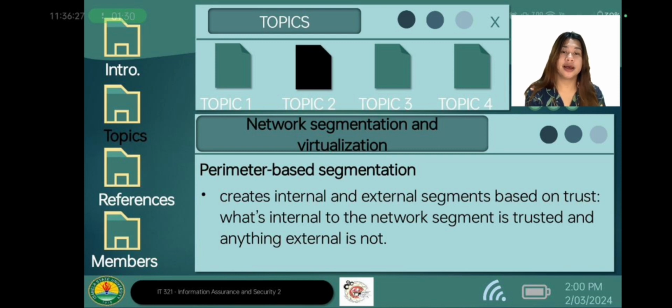This approach helps organizations manage and protect their network resources by limiting access to trusted entities and enforcing security measures for external entities trying to access the network.